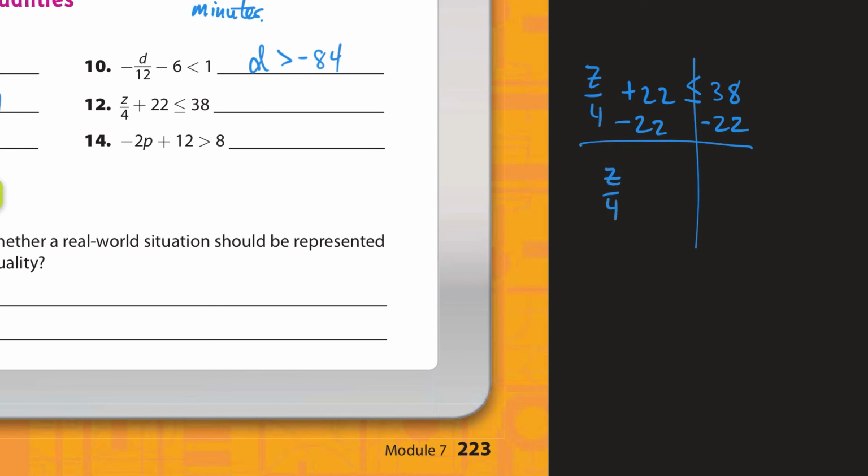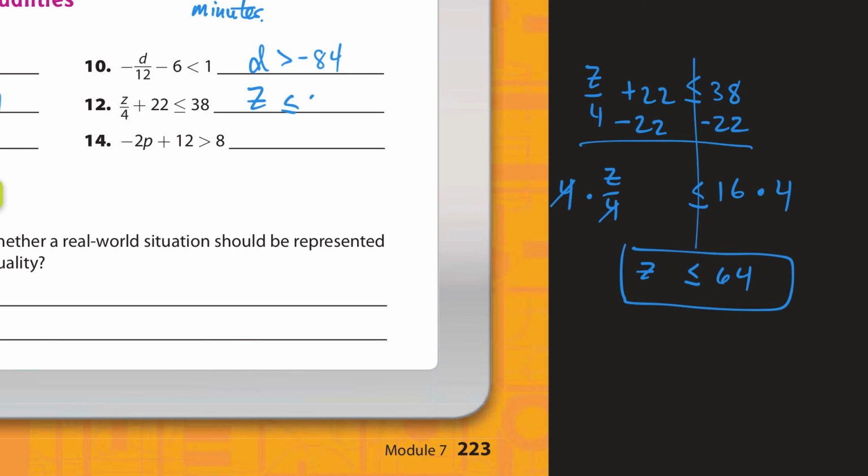Z over 4 is less than or equal to 16. Now it's so tempting to think, since I see division, 16 divided by 4 is 4, but don't fall for that. You have to look at this operation. This is division, so you have to do the inverse of what you see by the variable, which is multiply. So you multiply by 4 on both sides, and 16 times 4 is 64. I didn't have to switch the direction of the inequality because I'm not multiplying by a negative. And there you go. So z is less than or equal to 64.